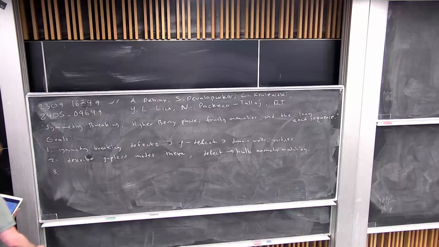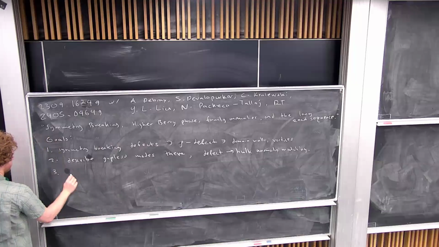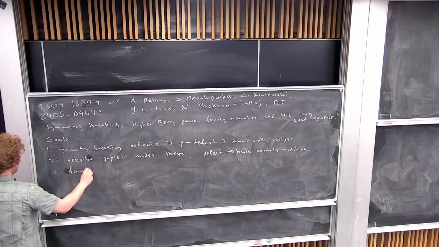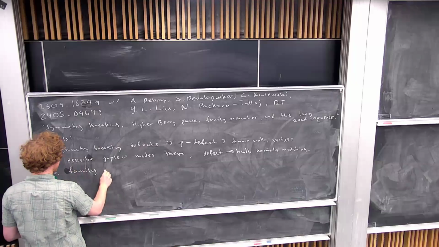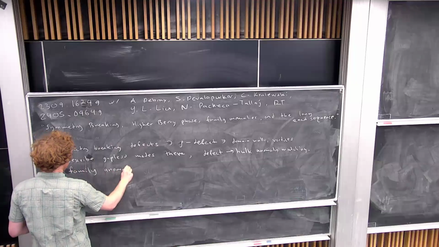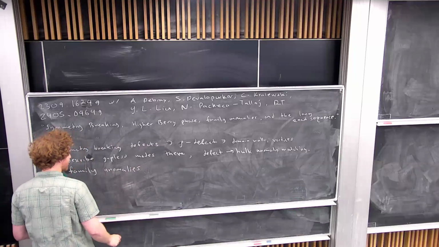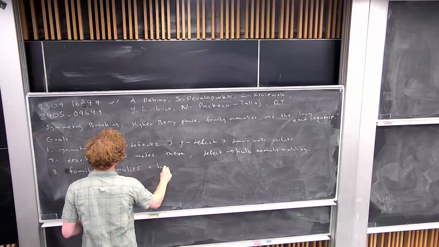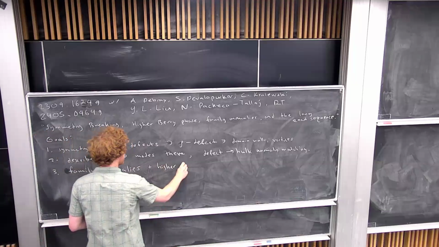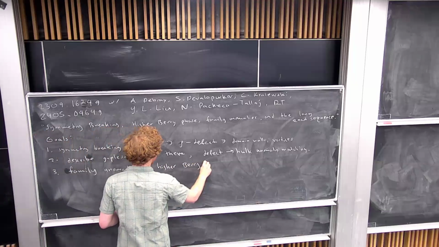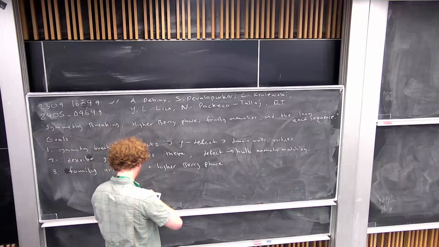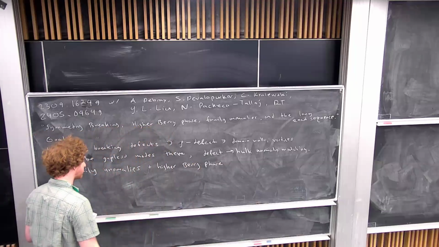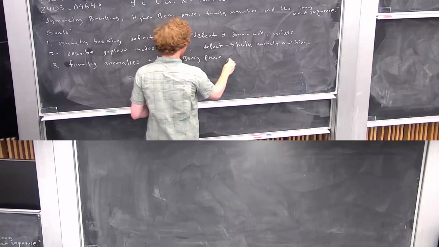Then we're going to describe non-trivial families of TQFTs and their associated family anomalies, higher dimensional generalizations of the quantum mechanical Berry phase, and use that to learn about the structure of phase diagrams.